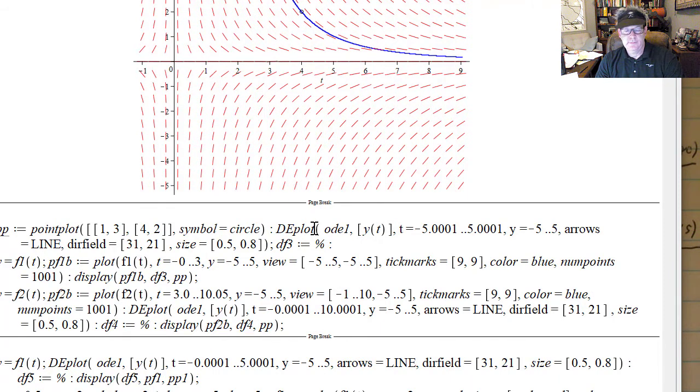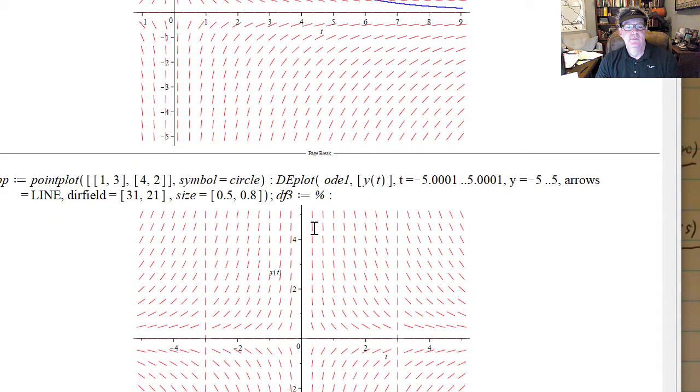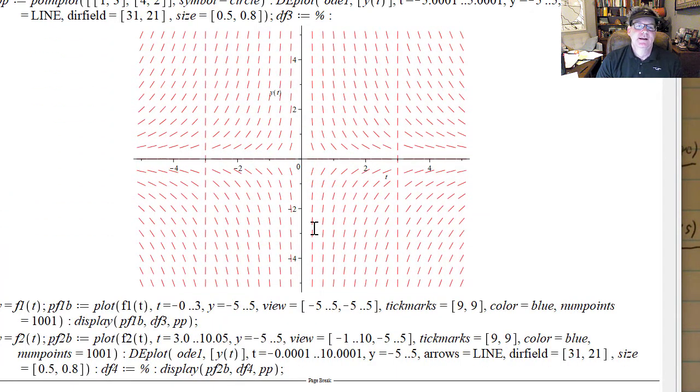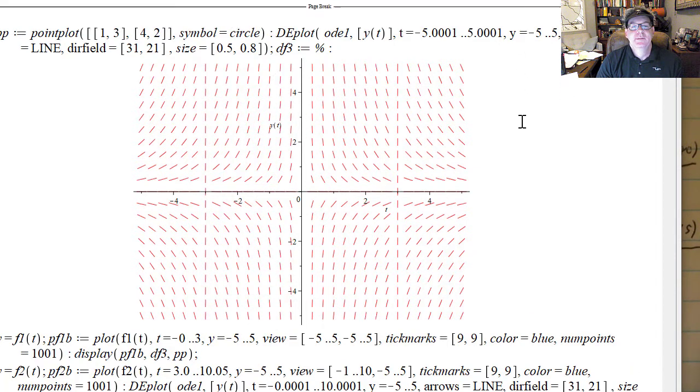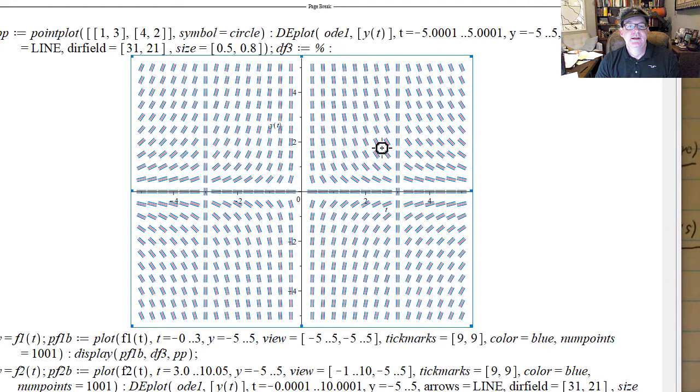If I look a little more, eventually I stumbled upon a luckier pick of the number of arrows, or whatever you want to call these, to plot, and I kind of saw the wall at least at 3 and negative 3, and you can also see one kind of on the x-axis.